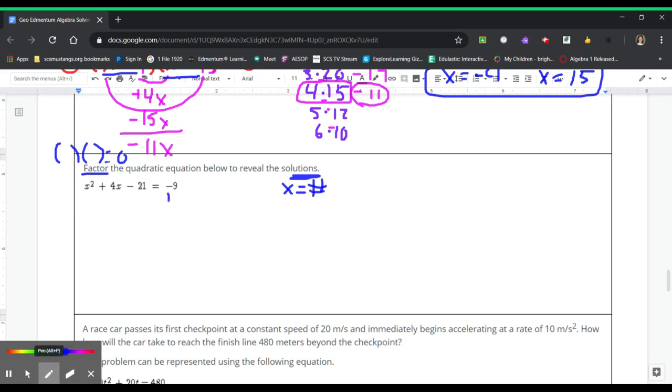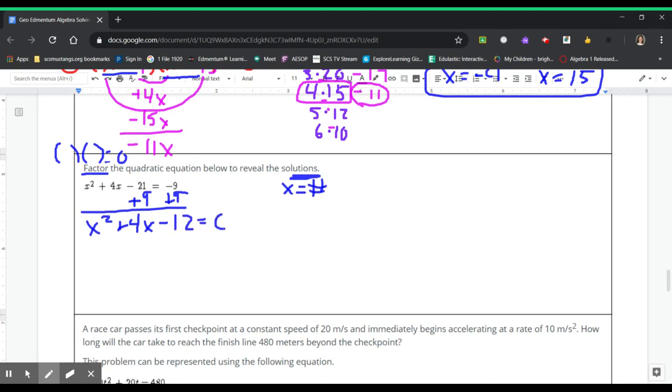To do that, I'm going to add the 9 to both sides. That's going to leave us with x squared plus 4x, and then negative 21 plus 9 is going to give us minus 12 is equal to 0.